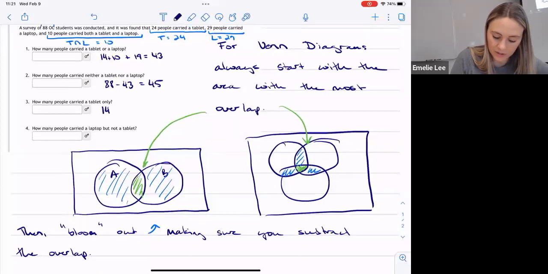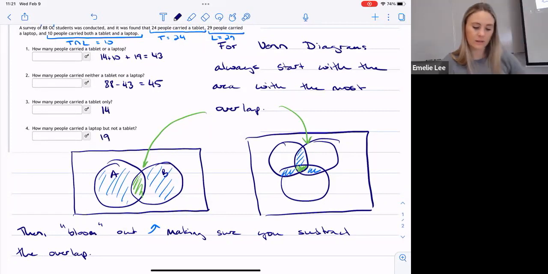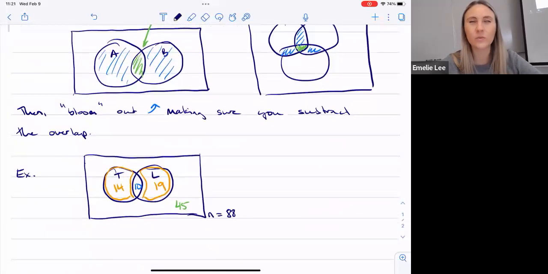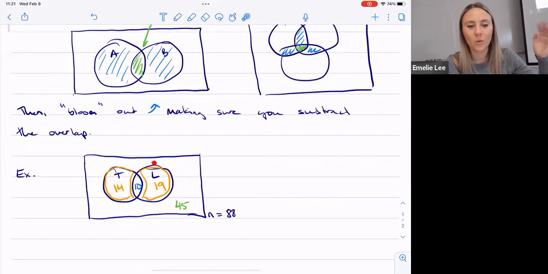And how many people carried a laptop but not a tablet? That's going to be the 19. The only one that's really tricky is the or one, because it has to be the tablet or the laptop or both, which people forget about.